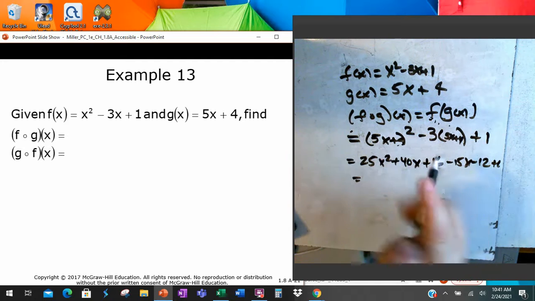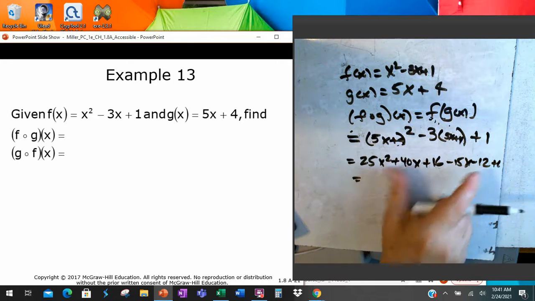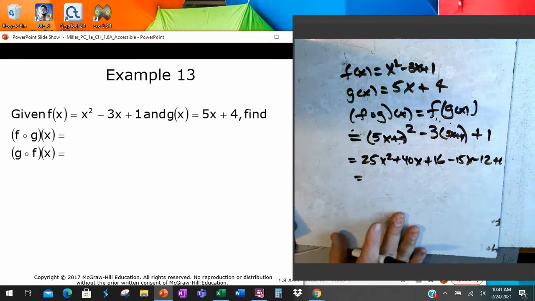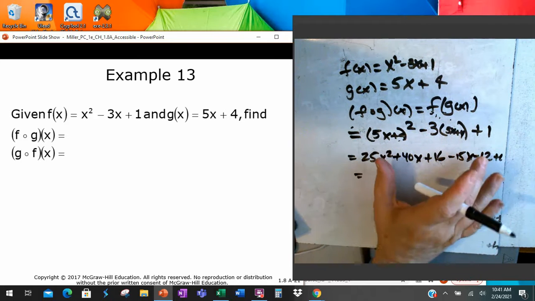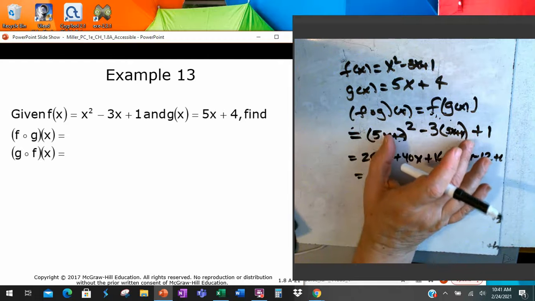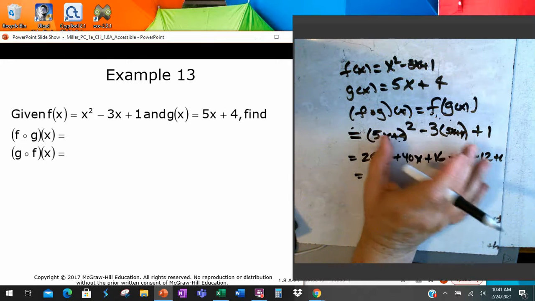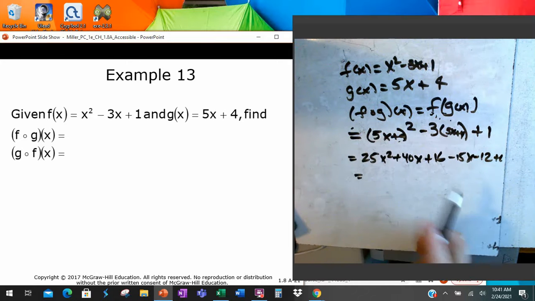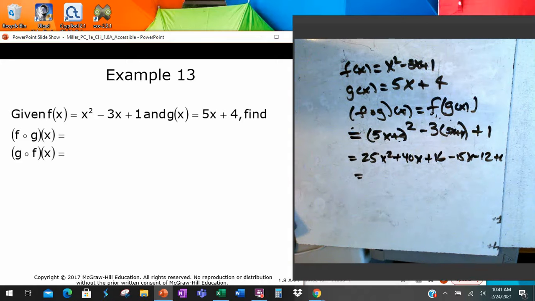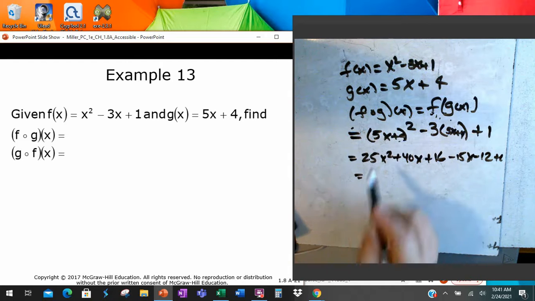This is the big thing right here. You'll get better at the simplification as you go through and continue. To me, this is the most important part of all of this, to understand the composition part, putting it where it needs to be, evaluating each one. This is kind of secondary. It's kind of like, here's your algebra. Your algebra is going to improve just by being conscious of it.